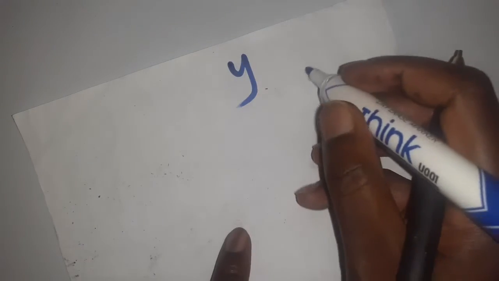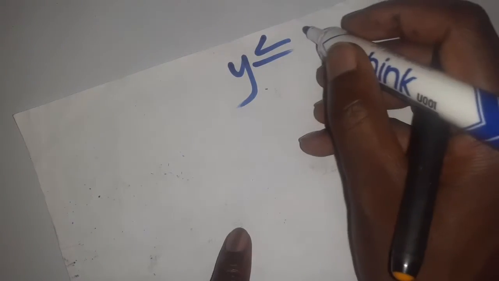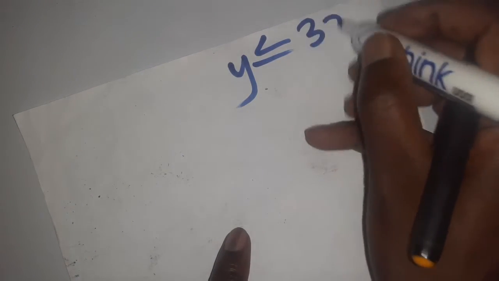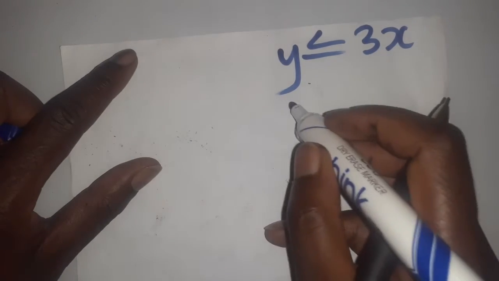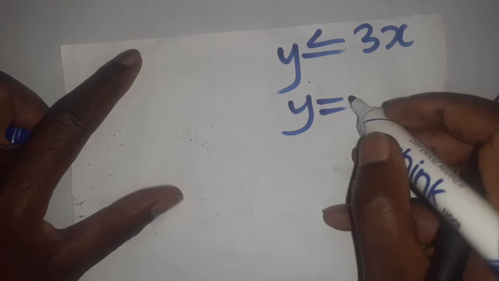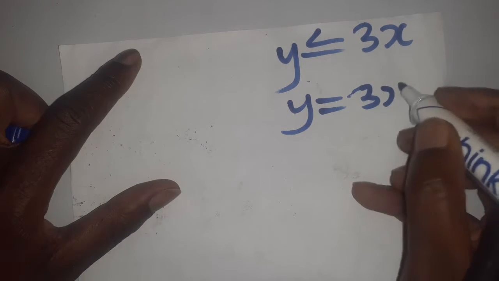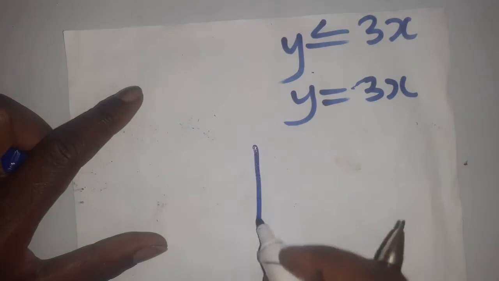We have y greater or equal to 3x. So we need to write this as an equation. What is it going to be? Something like y = 3x.